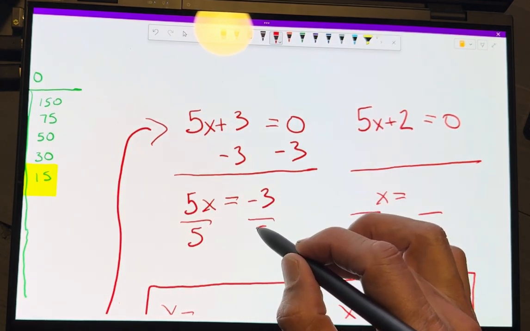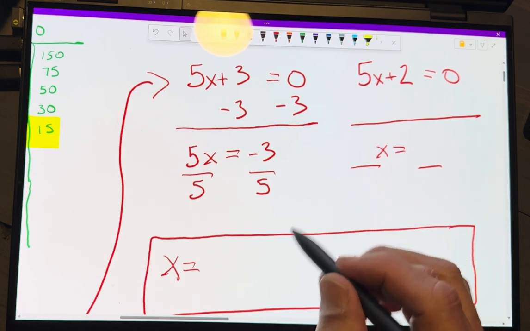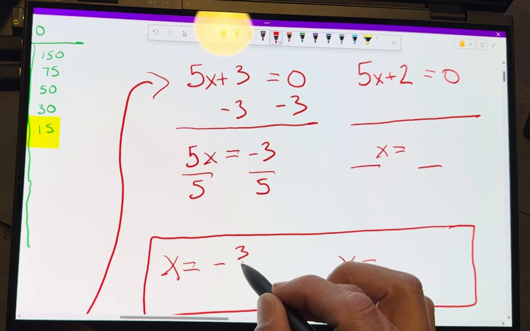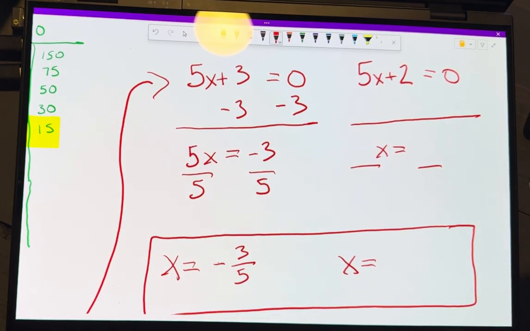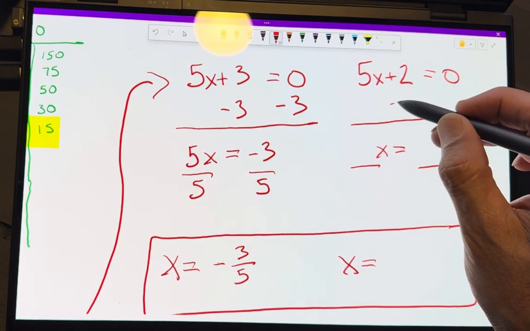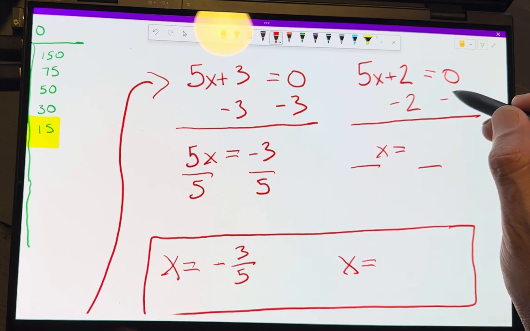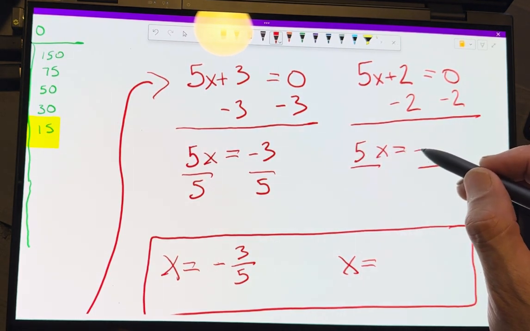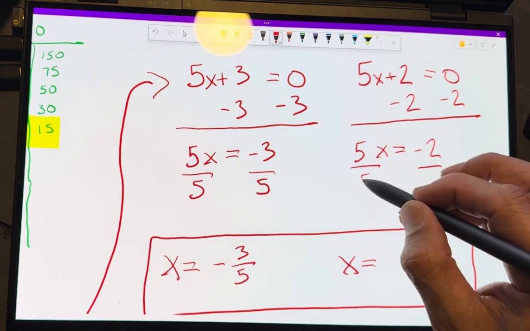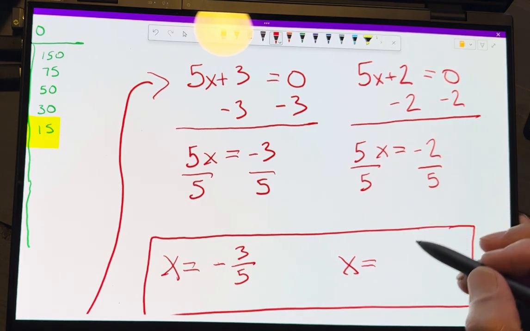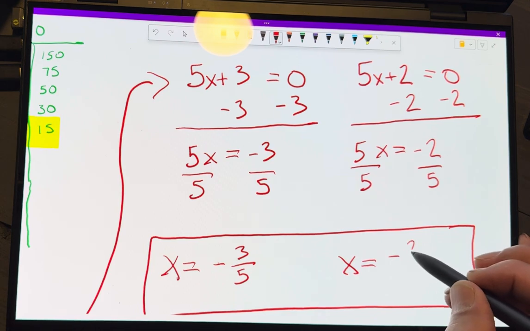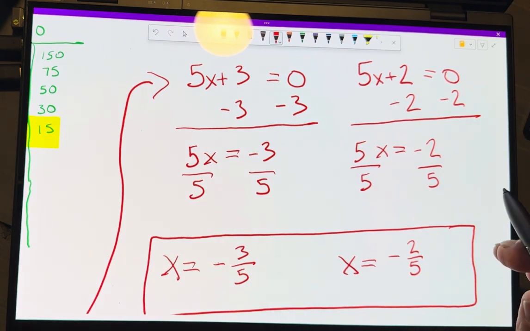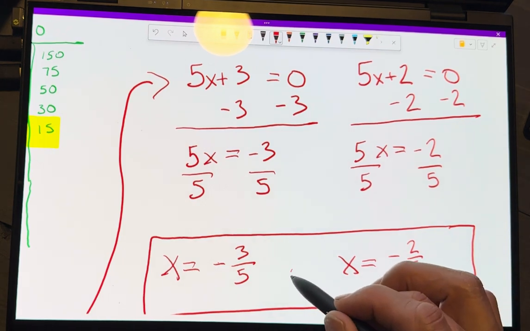Divide by 5. X is equal to negative 3 over 5. Okay, we'll do the same thing over here for the other x. So I got 5x is equal to negative 2. Divide by 5, both sides. X is equal to negative 2 over 5. And those are our two x's.